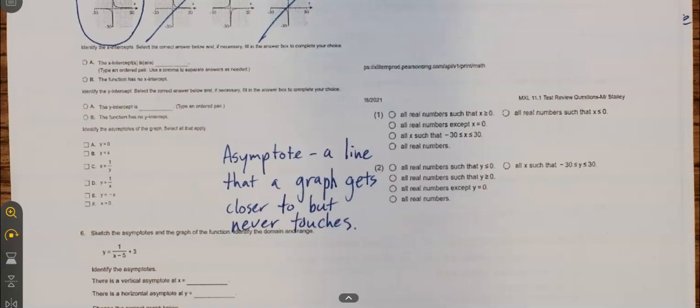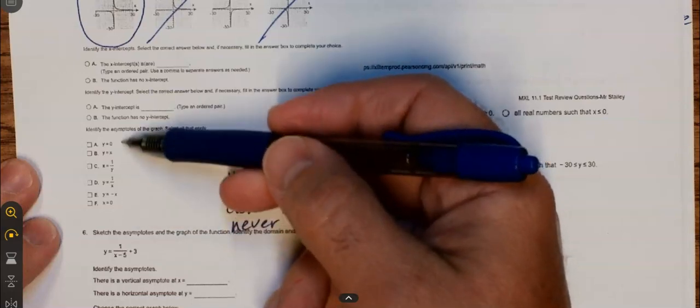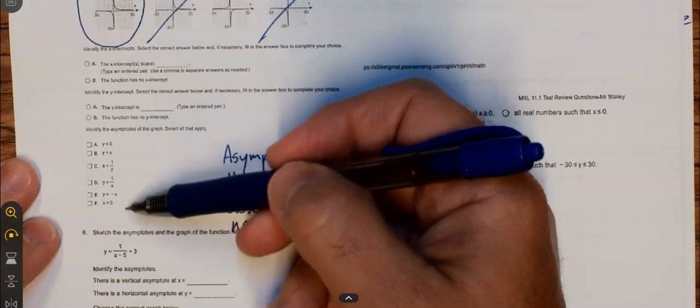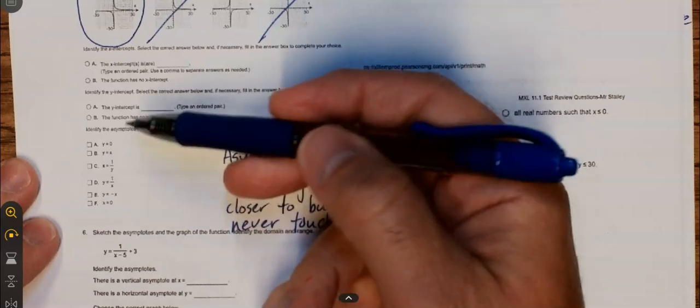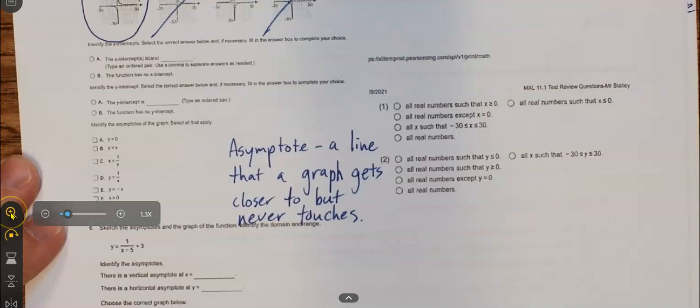The original, the OGs of asymptotes. You got some multiple choice options in front of you right there. Nope, 1 over x is not true. On the graph? Oh, okay. All right, we could try that.